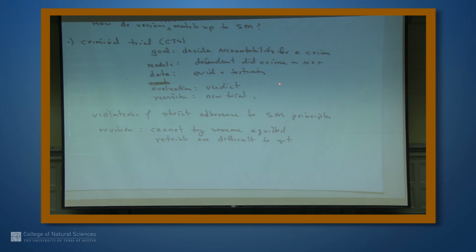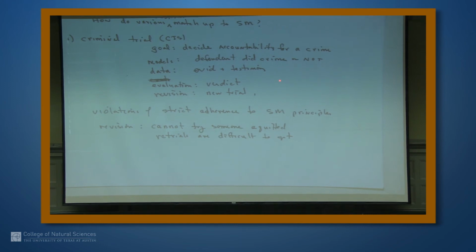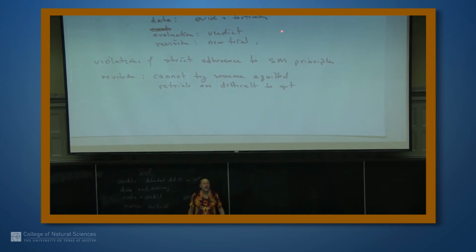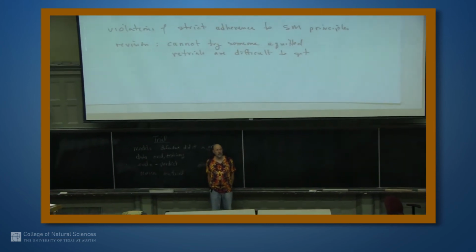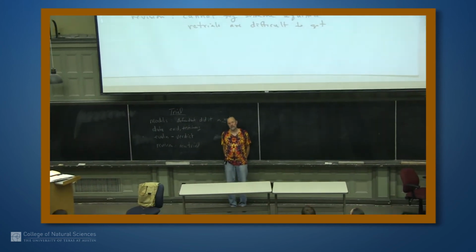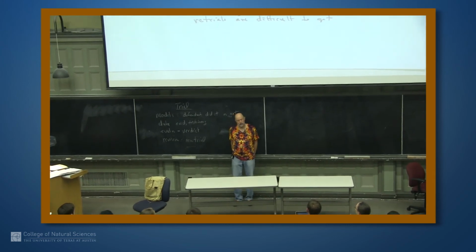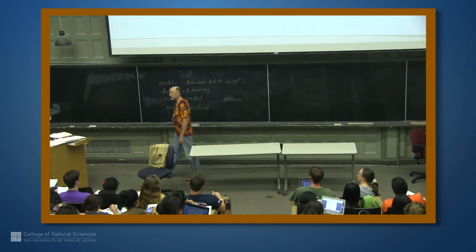Many of you have heard about people being exonerated by DNA evidence. They were convicted at a time when DNA evidence wasn't available. The evidence from the trial was saved, surprisingly enough, for decades. They went back in, tested with DNA, and found out this person couldn't have committed the crime after all. And the person goes free.